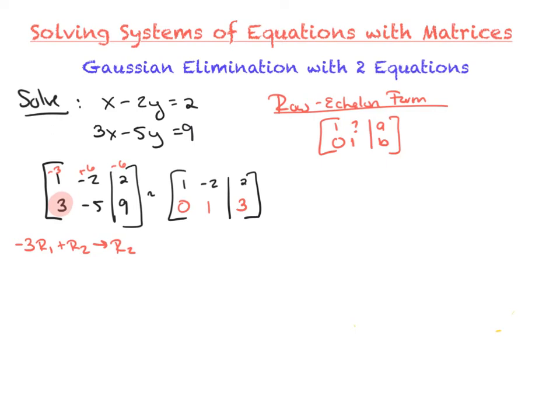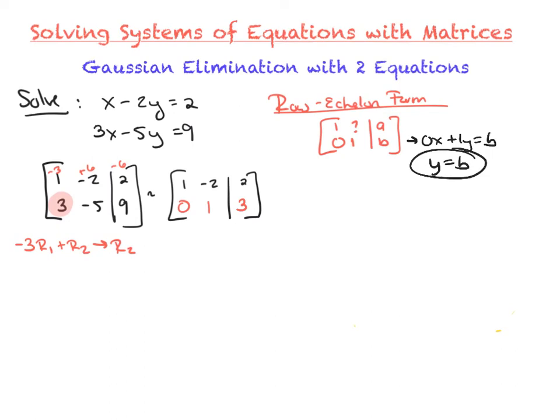What's nice about this row echelon form is it took less matrix work to get here, but what we have here in the bottom row is the equation 0x plus 1y equals b, or in other words, y equals b.